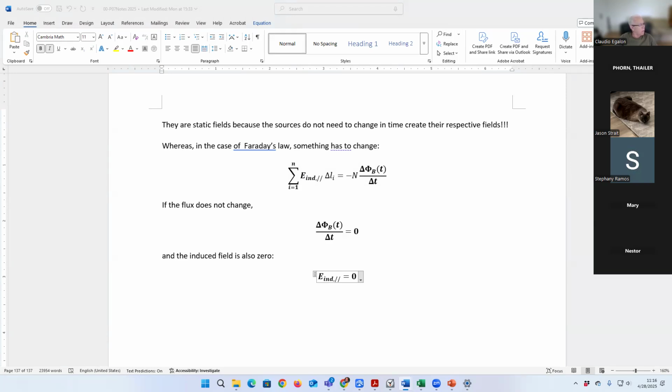Okay, and we can build up a table so you can visualize that more easily.